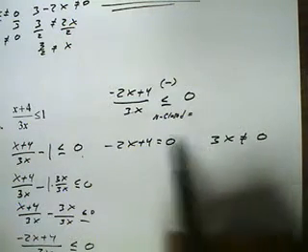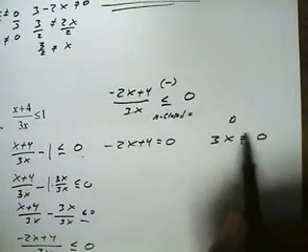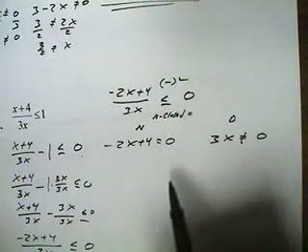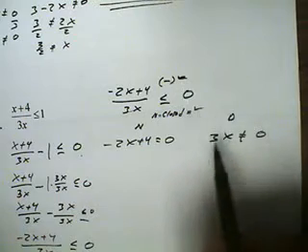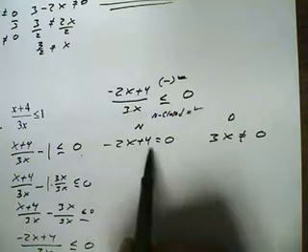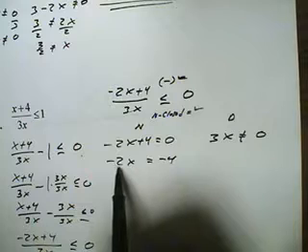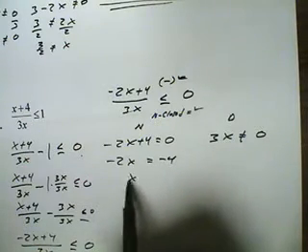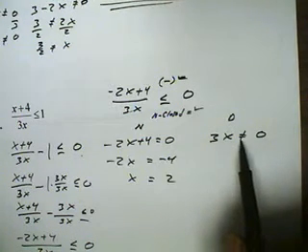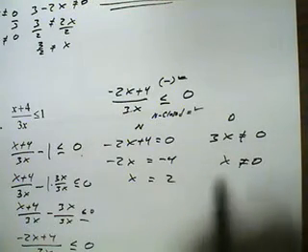I'm using the slash here because denominators are always open, so it just helps me remember the denominator will always be open, whereas the numerator follows the original sign here. Alright, let's start solving. Negative 2x plus 4 equals 0 implies negative 2x equals negative 4, which implies x is 2. 3x equals 0 implies x is 0. So those are our 2 points.